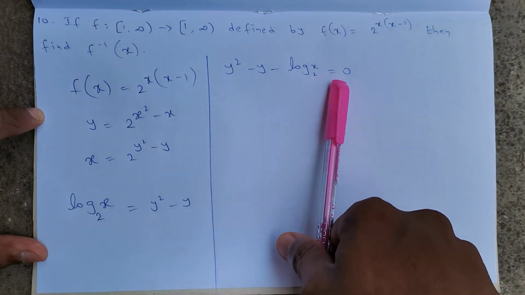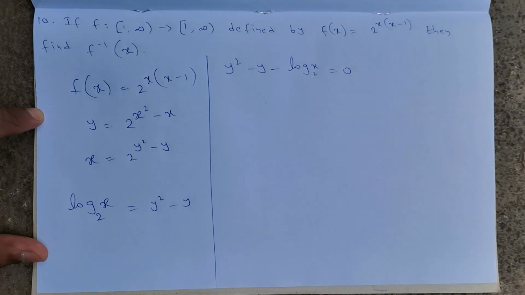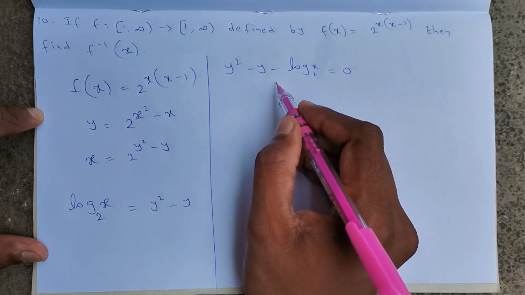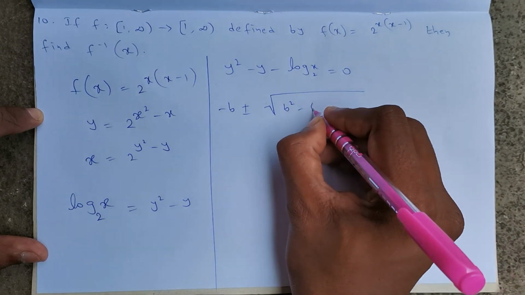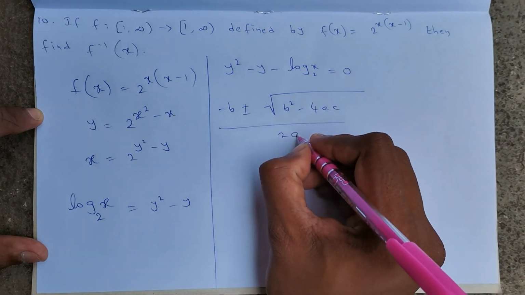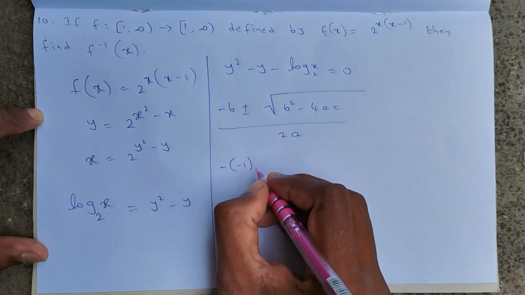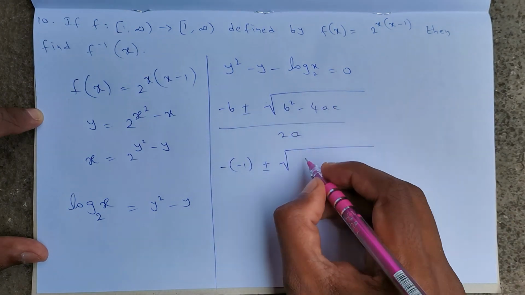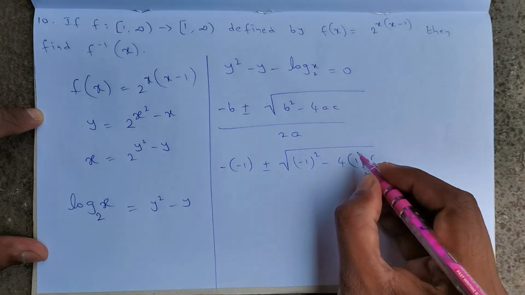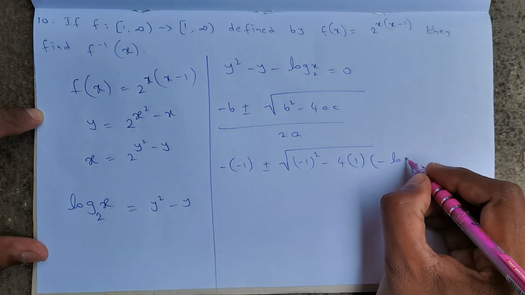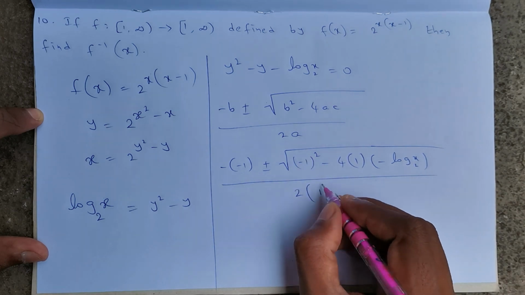Now if we observe this clearly, it is a quadratic equation. So we need to find the zeros of it. Splitting the middle term is difficult, so that's why I'm going with the formula: minus b plus or minus under root b square minus 4ac, whole divided by 2a. Here what is the b value? Minus 1. So minus of minus 1 plus or minus under root b square, minus 1 whole square, minus 4 into a value, y square coefficient 1, into c value, minus log x base 2, whole divided by 2 into a value 1.